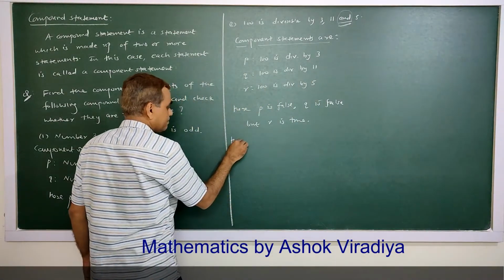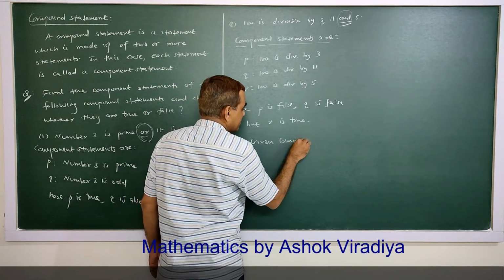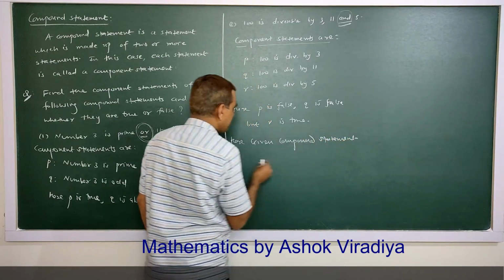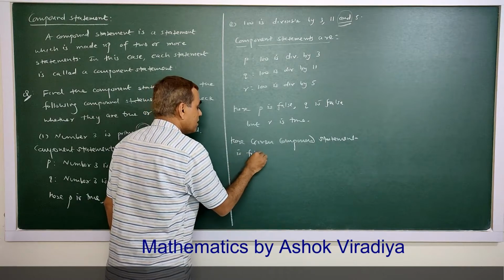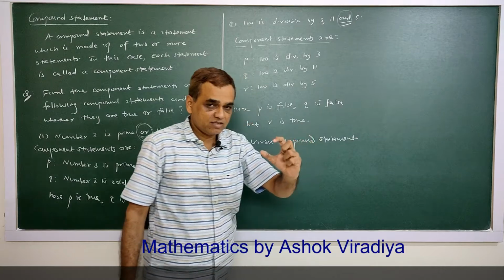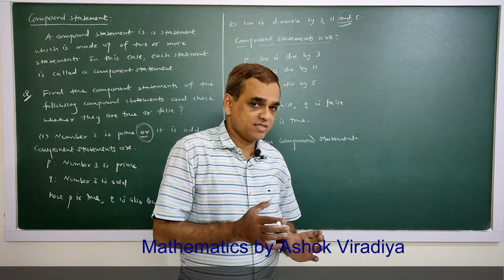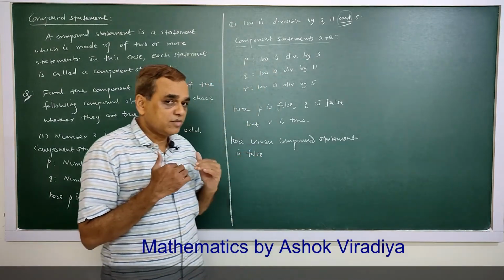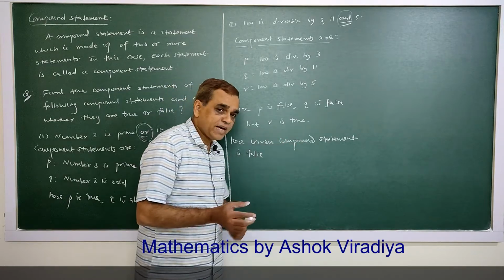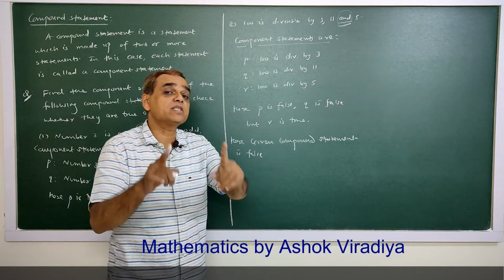The given compound statement is false because here the component statements are connected by AND. When component statements are connected by AND, then for the compound statement to be true, all component statements must be true.